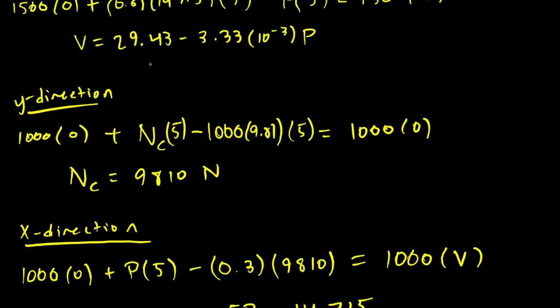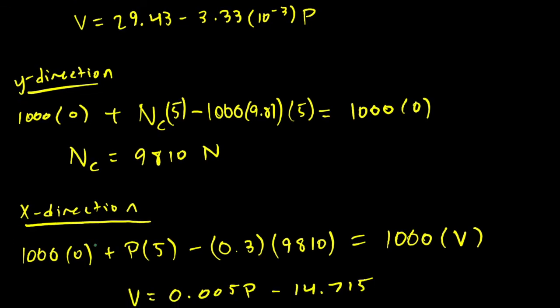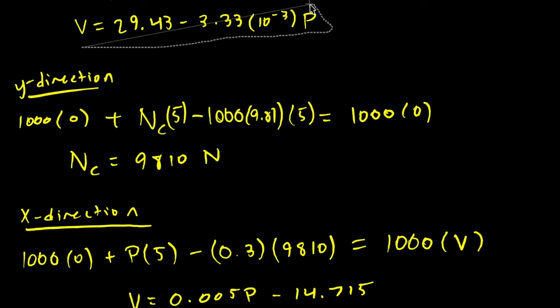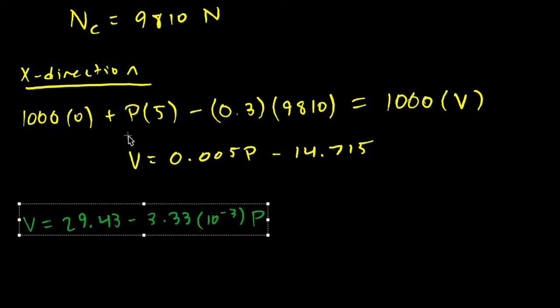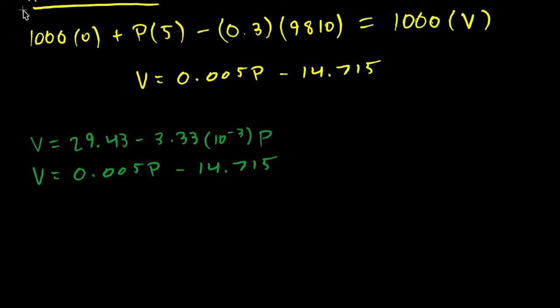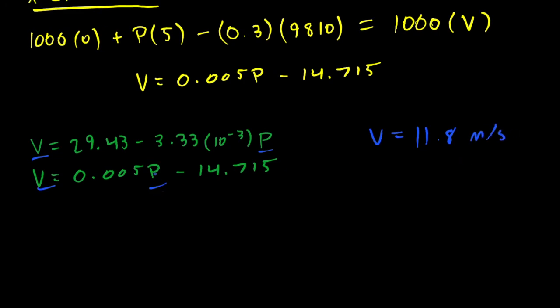Now I'm going to grab these two equations: the one from the top here, and this equation here. Note that these are two unknowns and two equations. We have v and P. Using basic algebra, we solve this as 11.8 meters per second for v, by isolating P and setting the equations equal to each other.